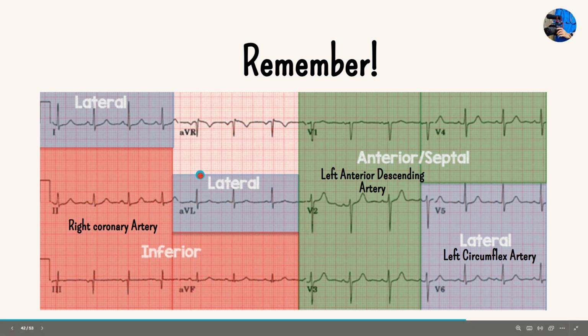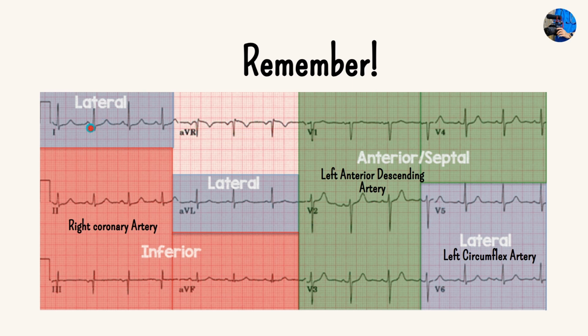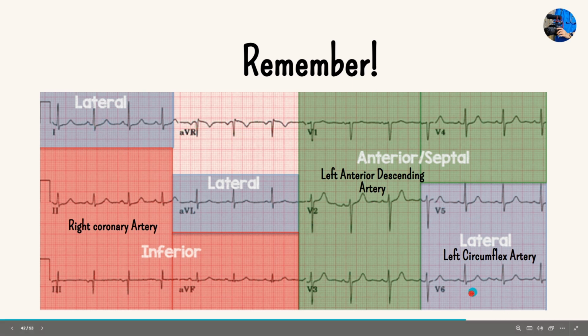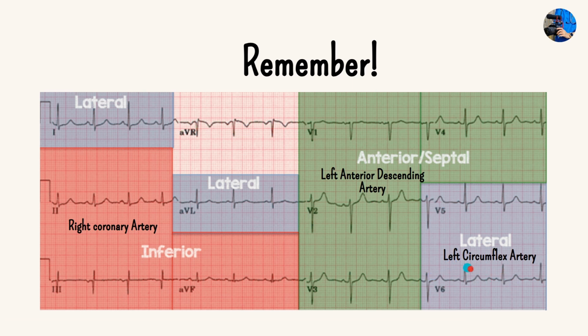Your lateral regions are shown through AVL, lead 1, V5, and V6, supplied by your left circumflex artery. And your anterior septal regions, running from V1 all the way to V4, are supplied by the left anterior descending artery.